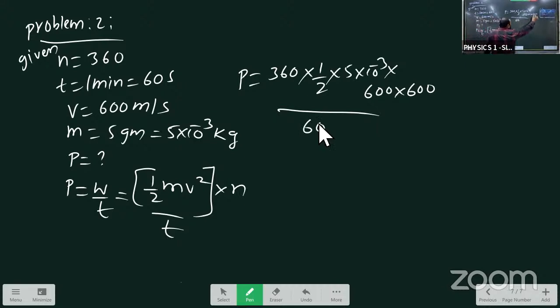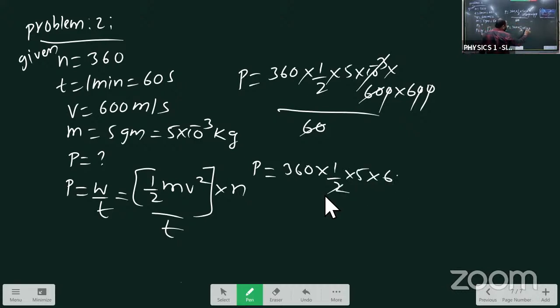Here the 10 to the power of 3 and minus 3 cancel each other. 60 cancel each other. Remaining term: P equals 360 into 1 by 2 into 5 into 6.